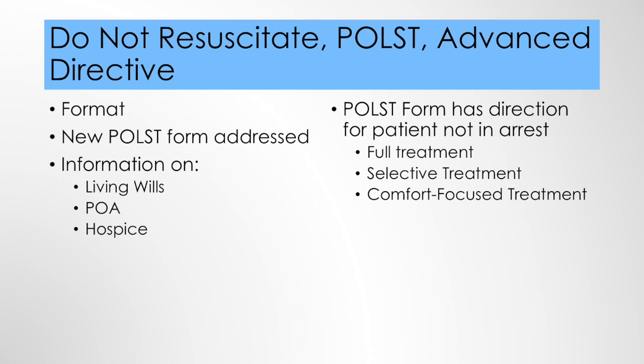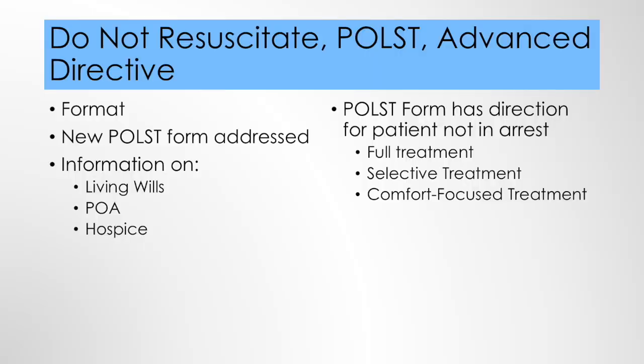The PULSE form has direction for a patient that's not in arrest. So if you haven't looked at the most current PULSE, there probably are some copies around here, but there is a copy of it in the SMO book itself that you can look at.